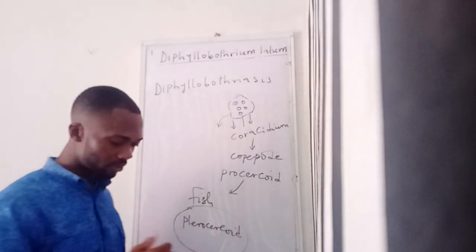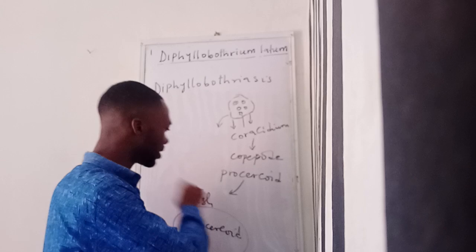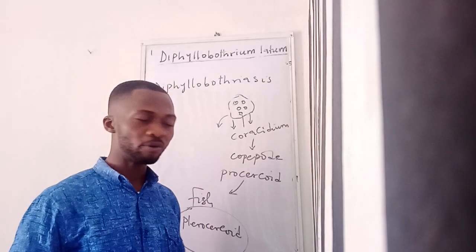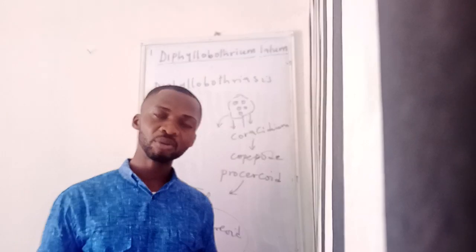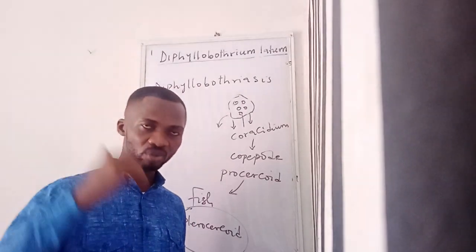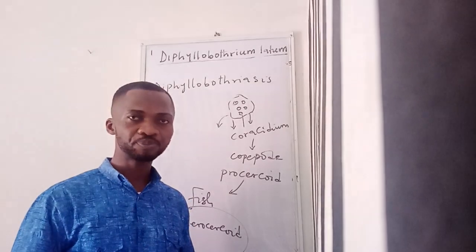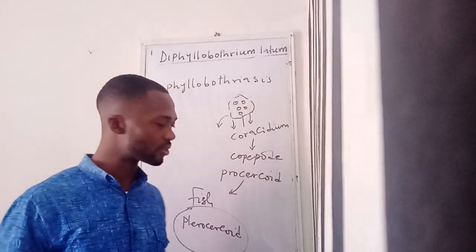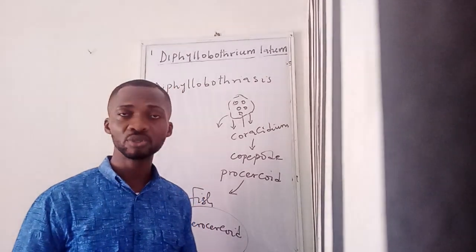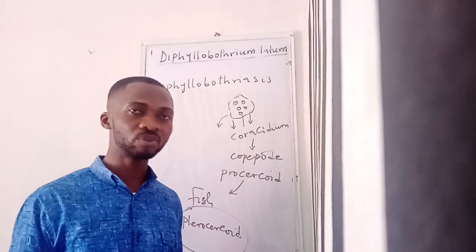Now, it's possible that a larger fish will ingest this particular fish, but when it happens, the parasite does not develop into another kind of larva. The reason is that the bigger fish is not the intermediate host. You can call it a paratenic host or a transport host.